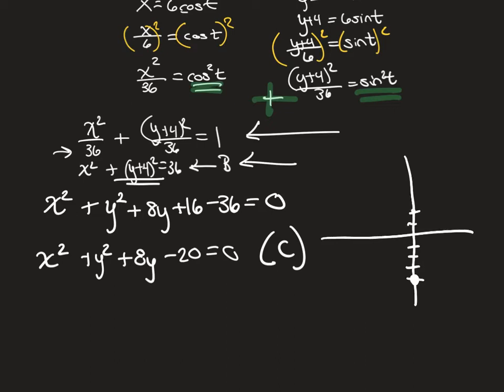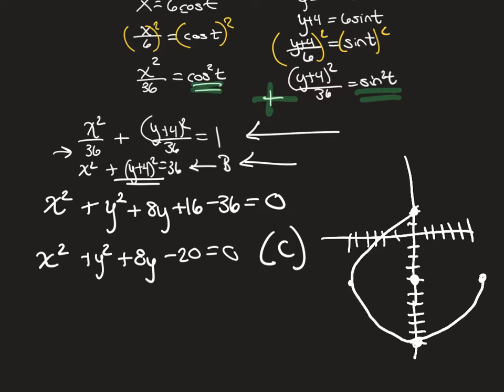So from there, I'm going to go up 6, down 6, over 6, and over 6. So again, you're going to give a pretty circle. And don't forget your arrows.